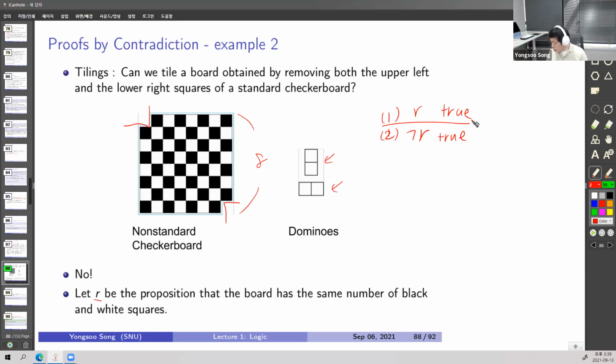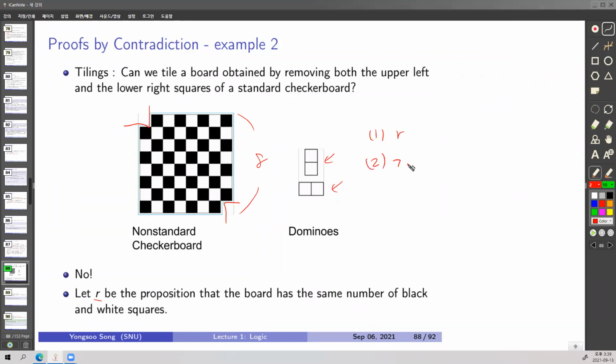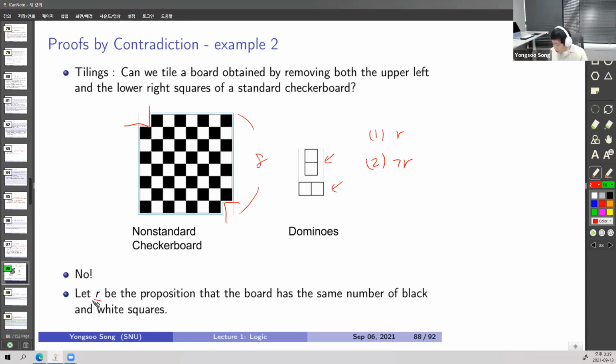So first of all, we are going to show that R is true and negation of R is also true. So what is negation of R?